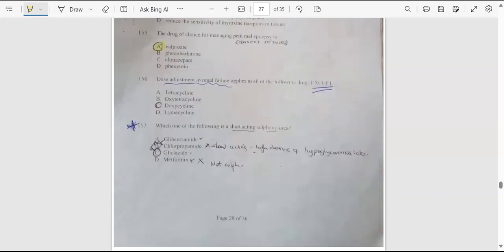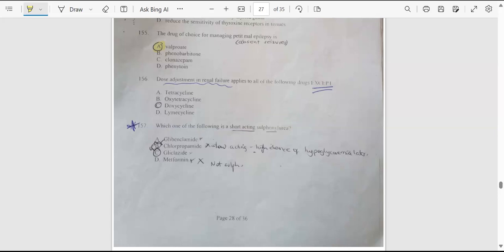Dose adjustment in renal failure applies to all the following drugs except tetracycline, oxytetracycline, doxycycline, and limecycline. Anyone? Someone says doxy.